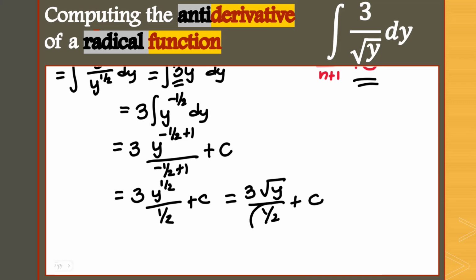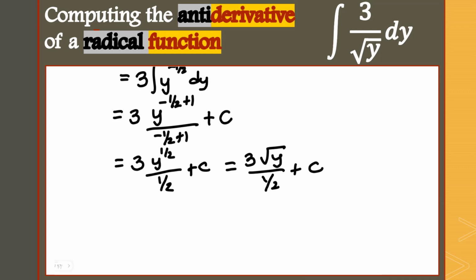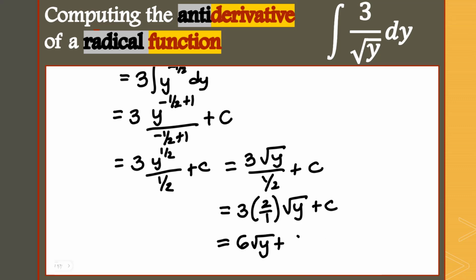Since you still have a fractional denominator, you can reciprocate that and multiply it as a coefficient. So you have 3 times 2 over 1, reciprocate that, square root of y plus c, which would give us a final result of 6 square root of y plus c.